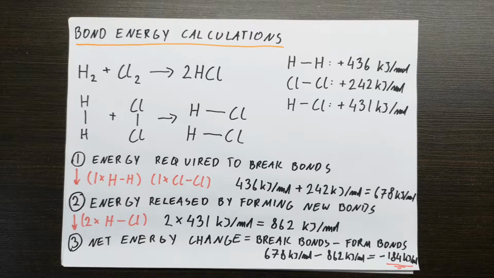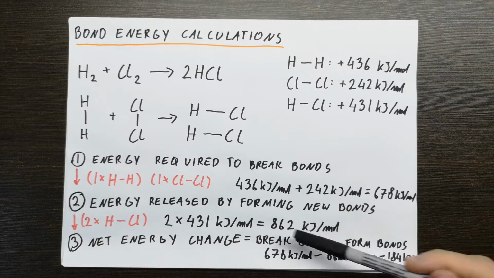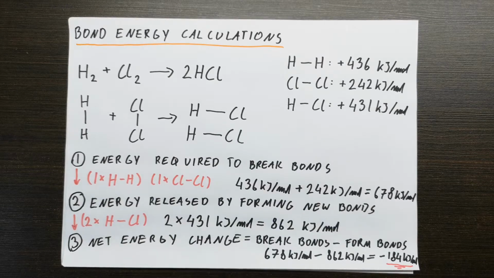So we simply plug in those values. Energy required to break bonds right there, 678 kilojoules per mole, minus 862 kilojoules per mole from here, and that is equal to minus 184 kilojoules per mole. So there we go, that's our net energy change.